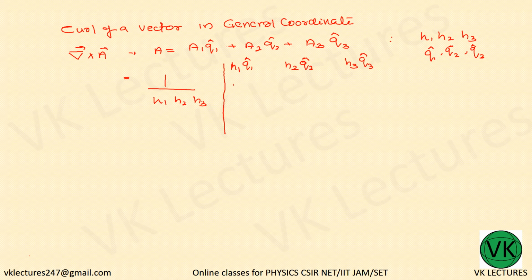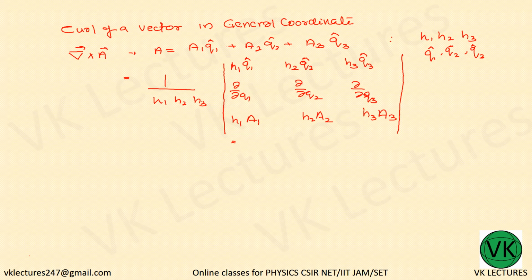So here we have dou by dou Q1, dou by dou Q2, dou by dou Q3 as the third row. Again, here you have h1 A1, h2 A2 and h3 A3. Now you make the cross product, and whatever you get, you divide by the product of h1, h2, h3. This is what you are going to get.